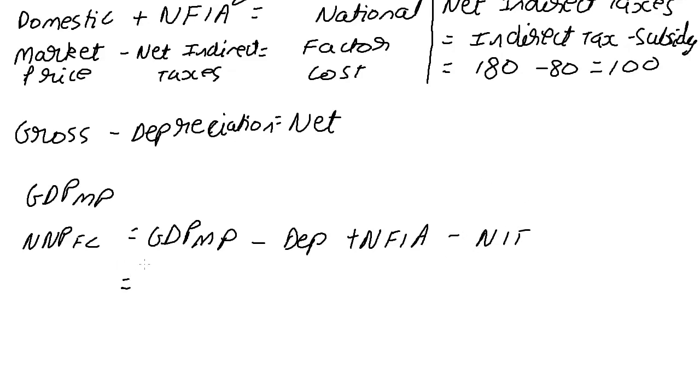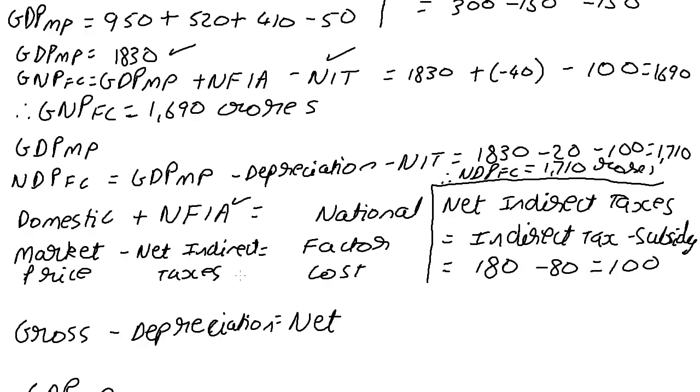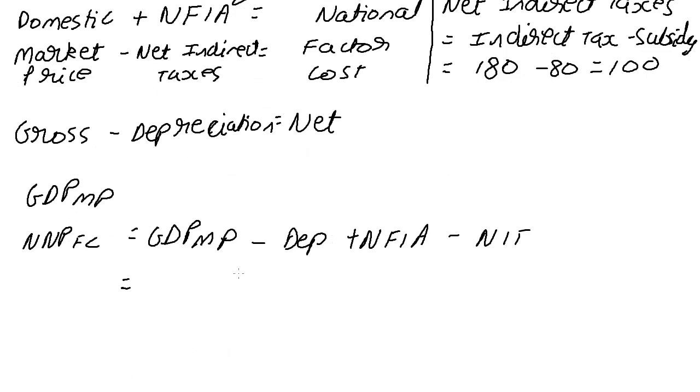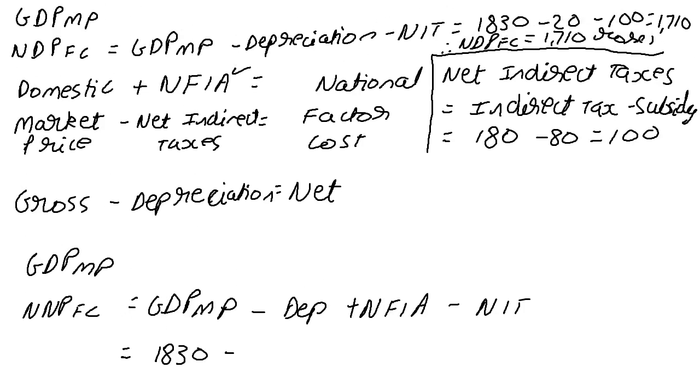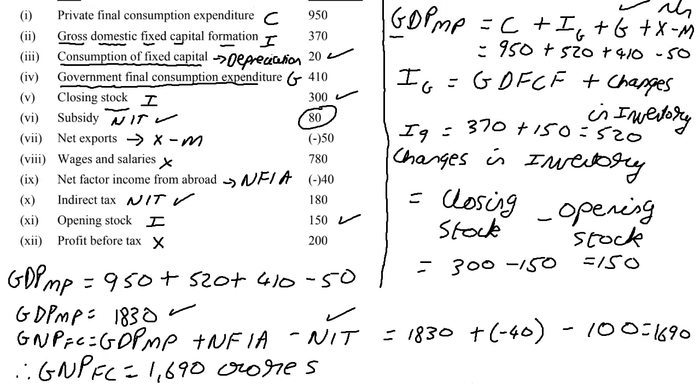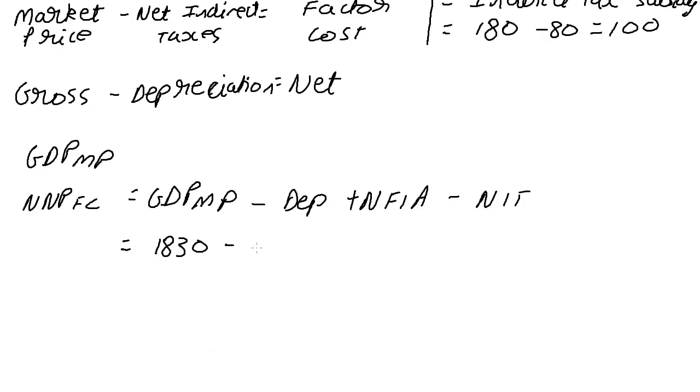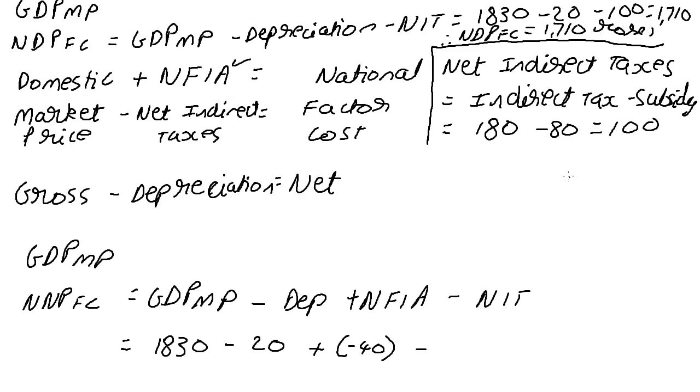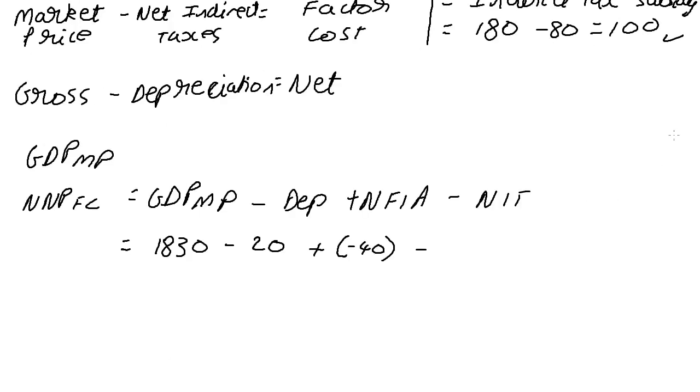Going back upstairs for the values: 1830 minus depreciation, which is 20, plus net factor income from abroad, which is minus 40, minus net indirect taxes, which is 100.